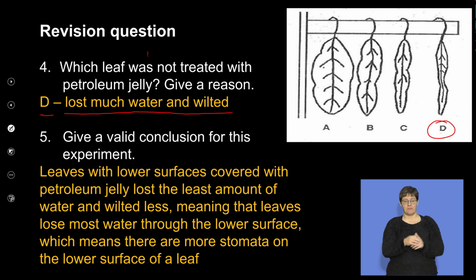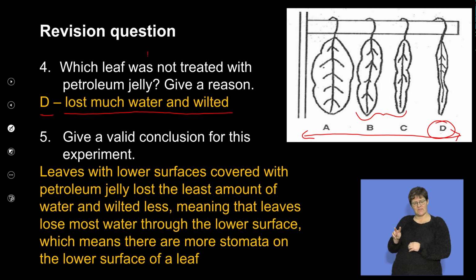Then give a valid conclusion. Okay, and here you have to think out. What is actually happening here? What are we actually trying to prove? What is this experiment telling us? We can see that leaves that have Vaseline on it lose less water. But if you have a look at these two leaves, they both had Vaseline on one side of the leaf.